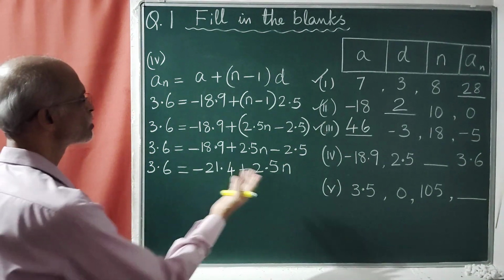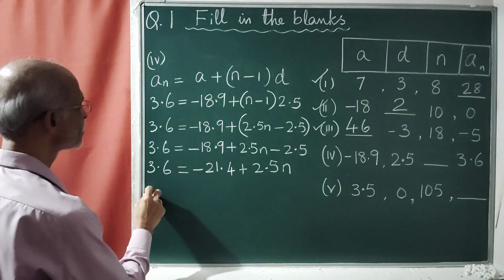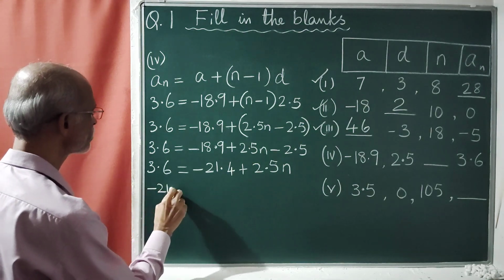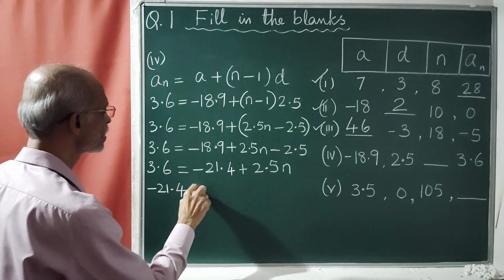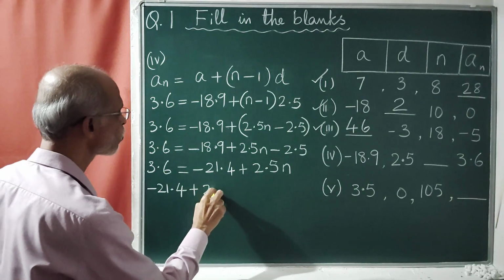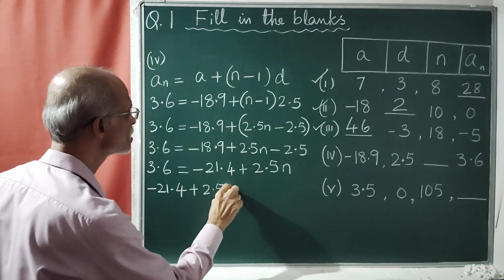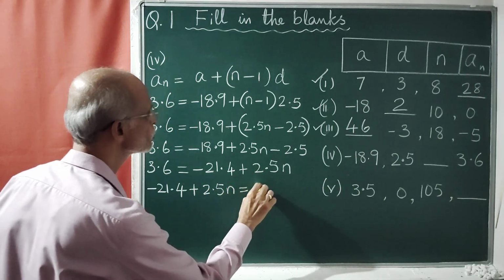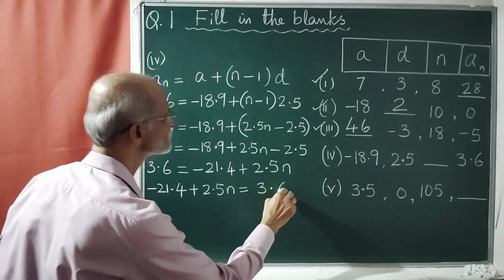Now I will flip the equation. Minus 21.4 plus 2.5N is equal to 3.6.